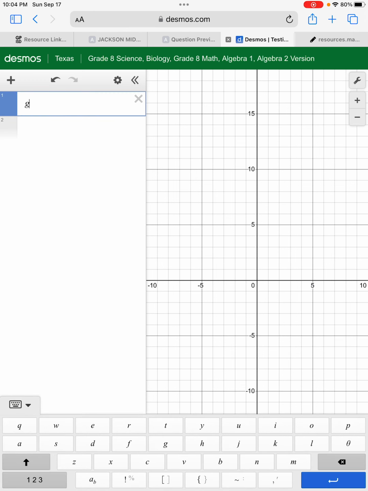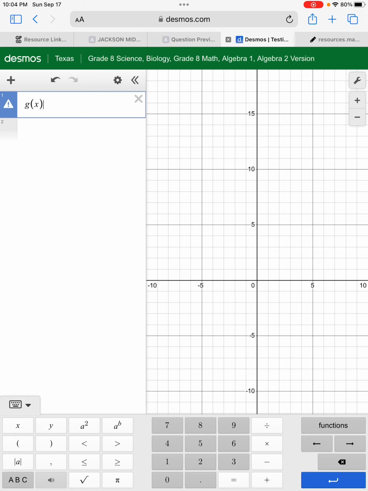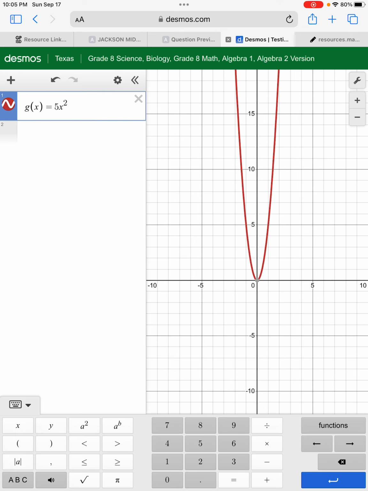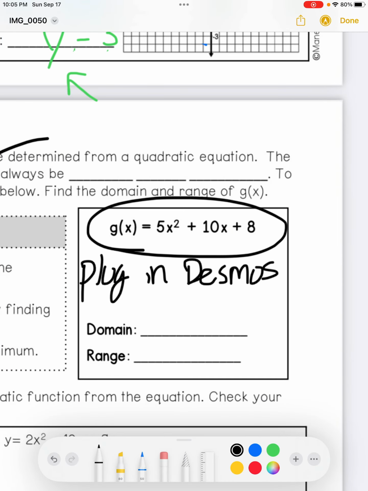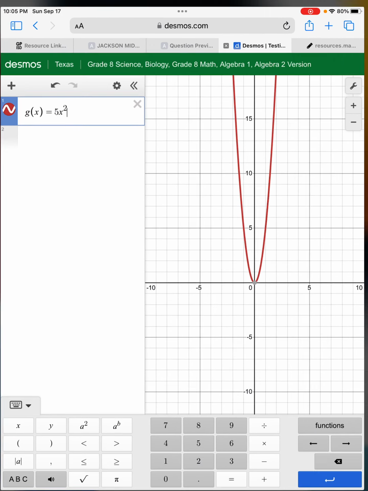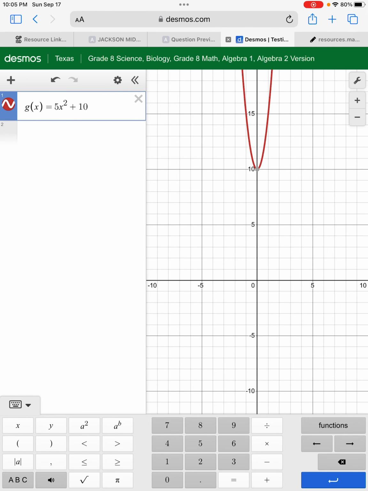We had G of x equals, I think it was 5x squared was the start of it. Yeah, 5x squared plus 10x plus 8.